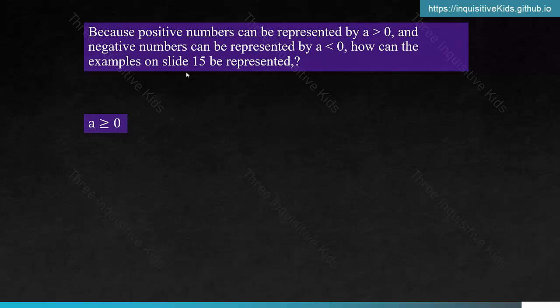If A is larger than 0, then the absolute value of A is equal to A. If A is smaller than 0, then the absolute value of A is equal to negative A. Because if A is a negative number and there's a negative sign in front of that, then it's positive. If A is equal to 0, then the absolute value of A is just equal to 0.